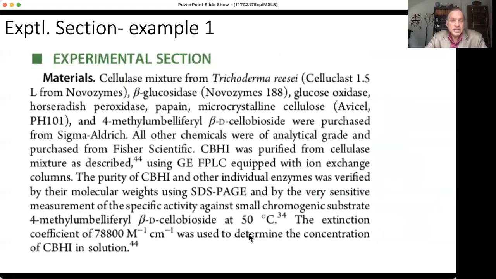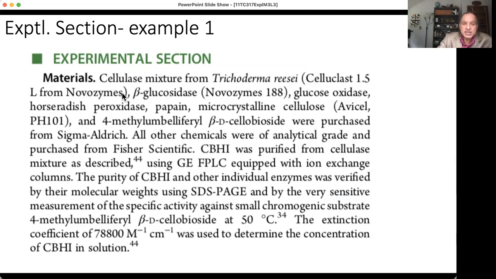Okay, so here is another experimental section, just to give you an example again. Cellulase mixture from this, and here is the catalog name or number, and this is the company, Novozymes, that supplied it.